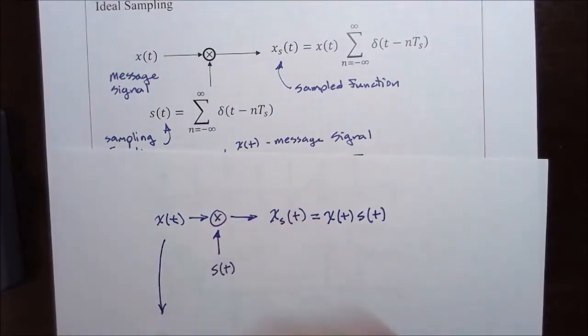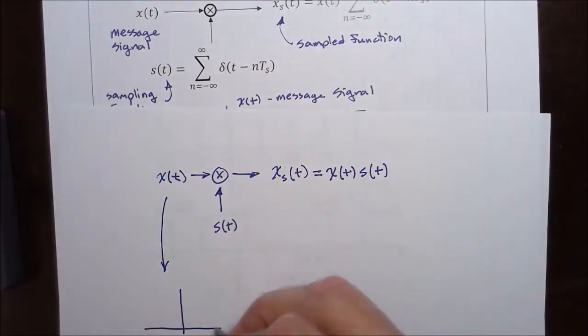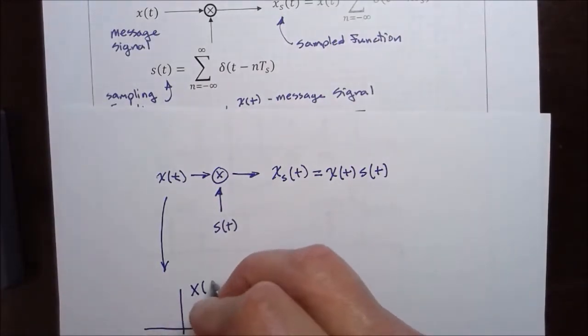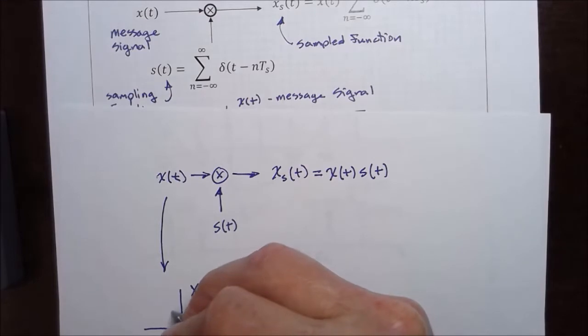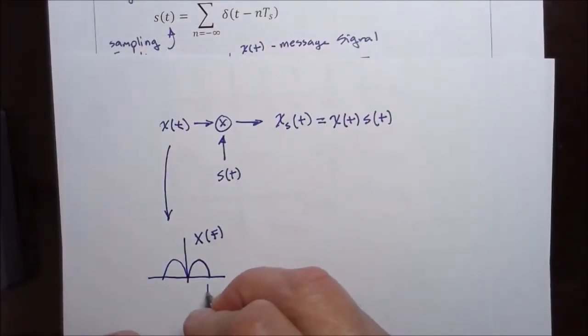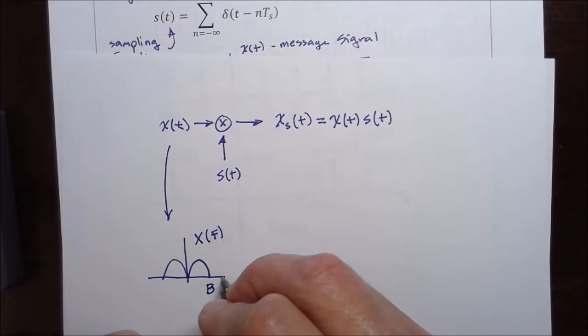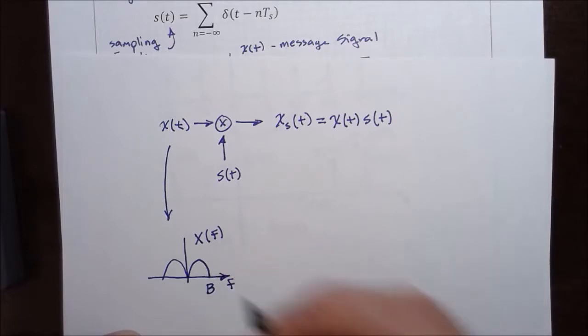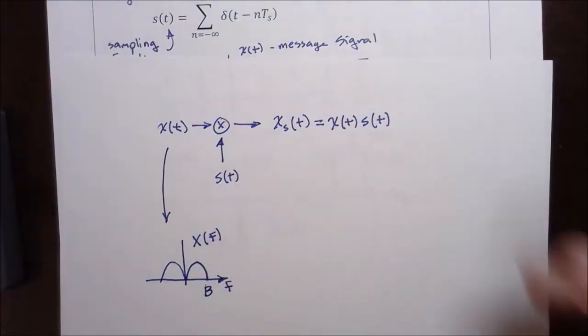If we look at the spectrum of the message signal, that would be capital X of f. Let's consider it to have some kind of shape, perhaps some kind of audio signal, and it will have a certain bandwidth b. Okay, so this is the spectrum of the message signal.